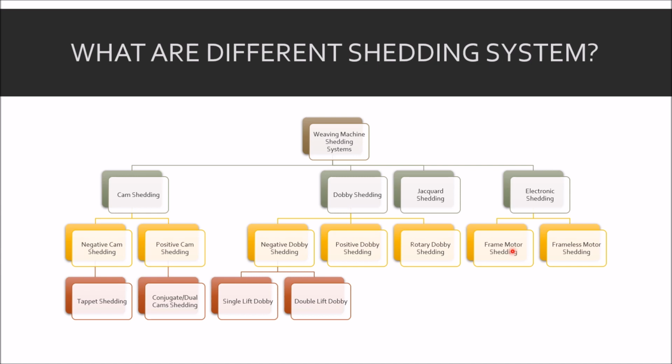They do not use any type of mechanical system, and each individual element is controlled by the positive or negative rotation of the motor that causes the lifting of the frame or the Jacquard elements, that is the harness. So let's talk about more.